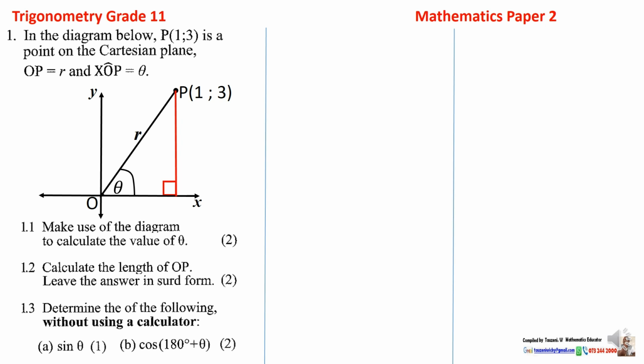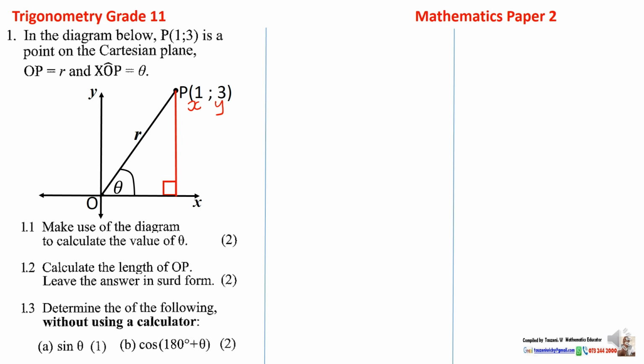This creates a right-angled triangle. Then the two numbers that we are given here, the coordinates of P, the first one is x and the second one is y. Those two numbers give us two sides of the triangle.